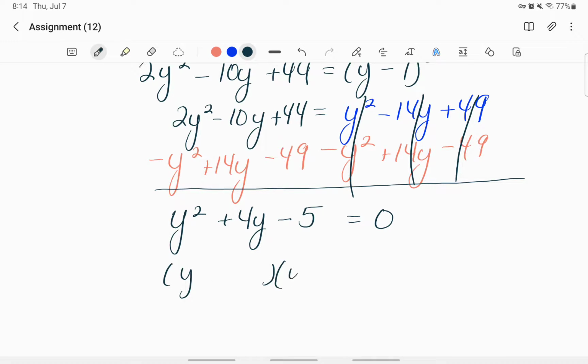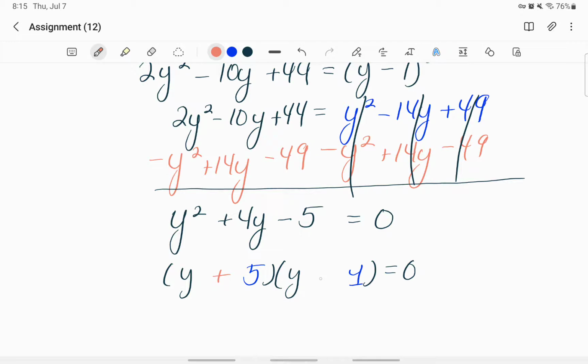Y times y. The factors of 5 are 5 and 1. Because this is negative 5, one must be negative, the other must be positive, and they must add to positive 4. Because the 4 is positive, that means the bigger number has to be positive.